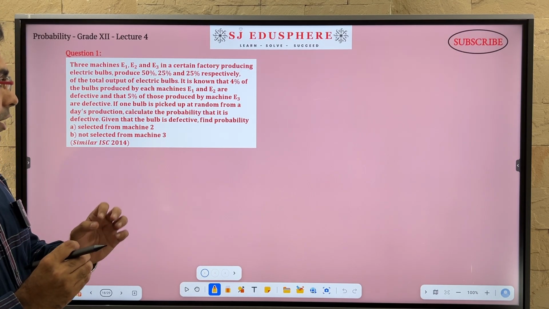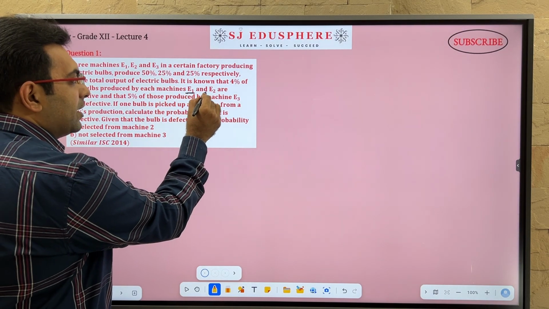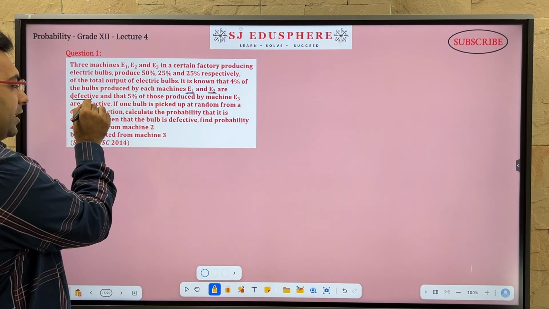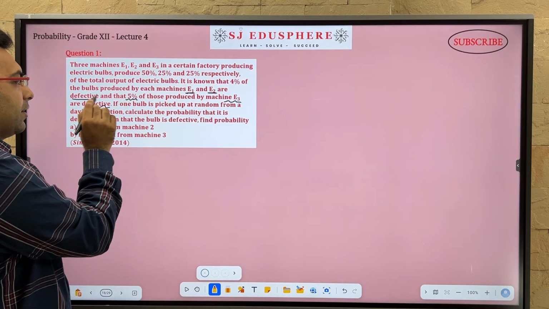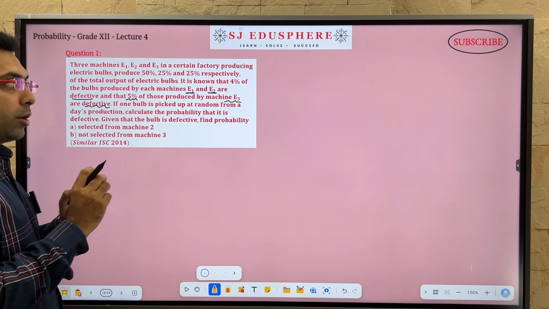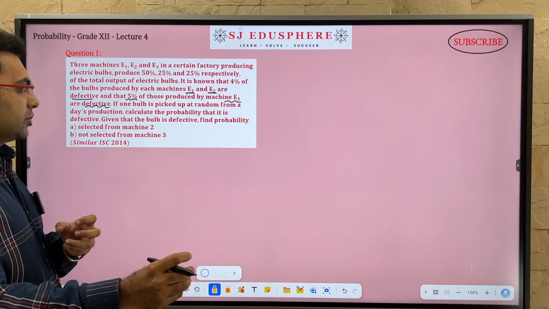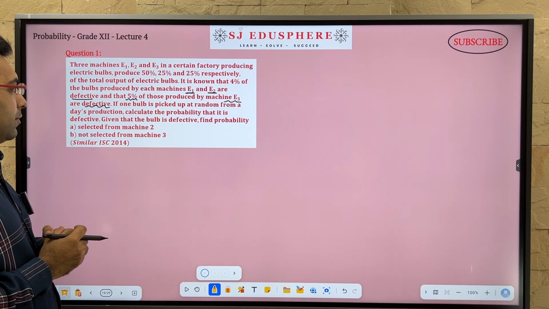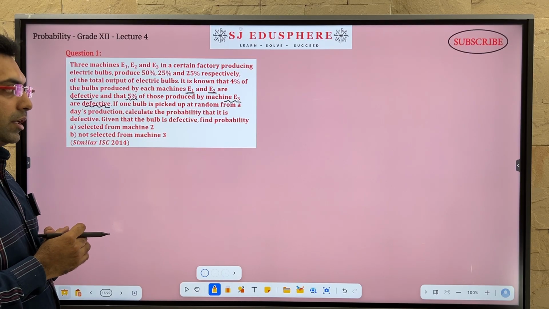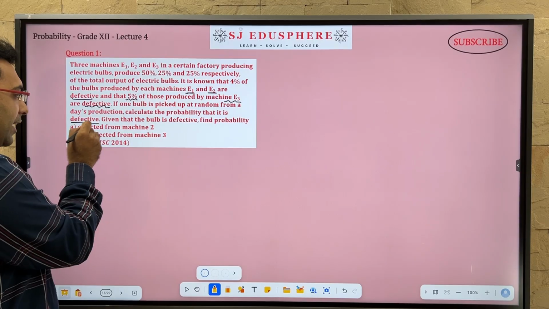It is known that 4% of the bulbs produced by machine E1 and E2 are defective and 5% of E3 are defective. So you know what production is happening. You know the contribution of the production. If one bulb is selected at random from the day's production, calculate the probability that it is defective.